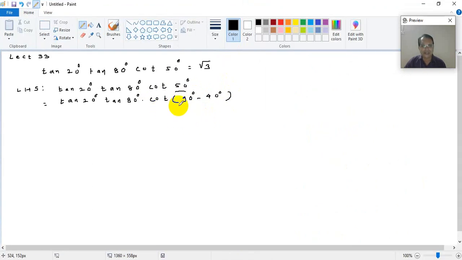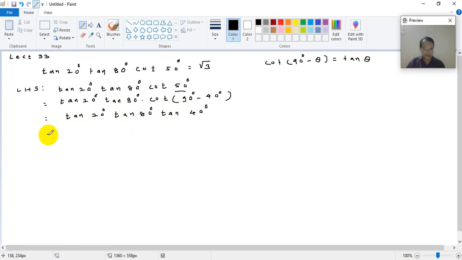Now what we know is that cot of 90 degrees minus theta is tan theta. So this cot of 90 minus 40 you can write as tan of 40. So this becomes tan 20 degrees into tan of 80 degrees into tan of 40 degrees, right? This is what we get.